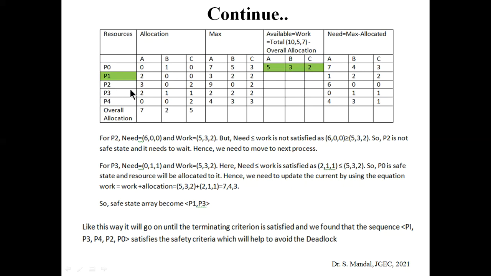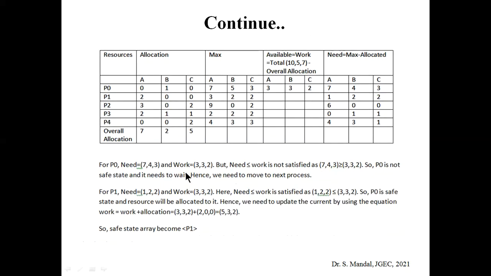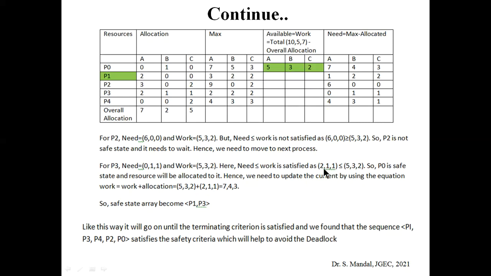Now let's consider the P3 process. For the P3 process, the need is 011, and the current work value is 532. Sorry, there was a mistake; this one will be 011. So 011 is less than or equal to 532, and the condition is satisfied.